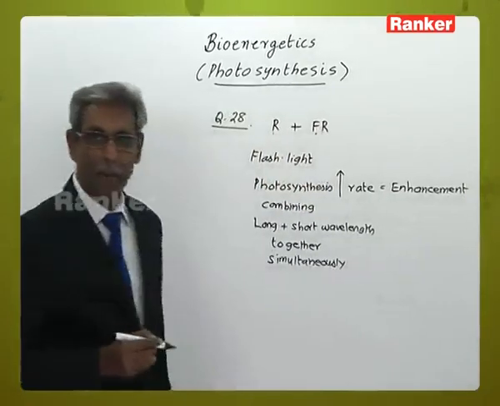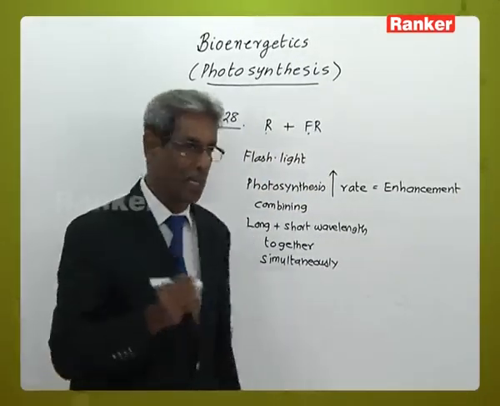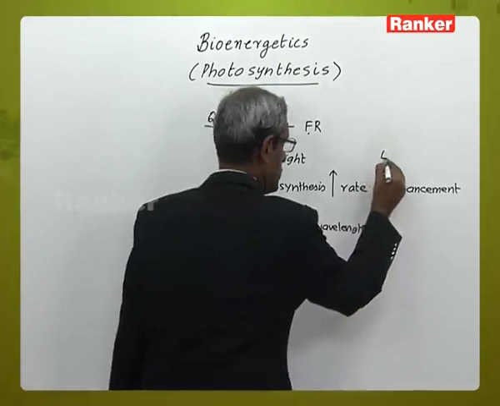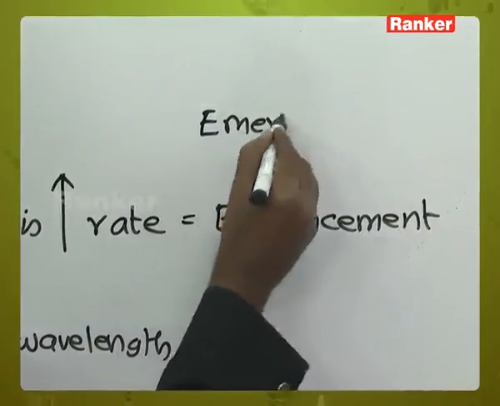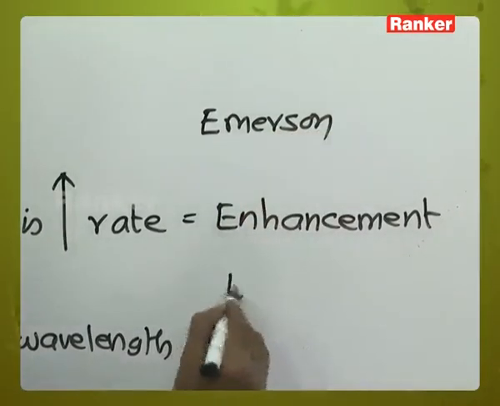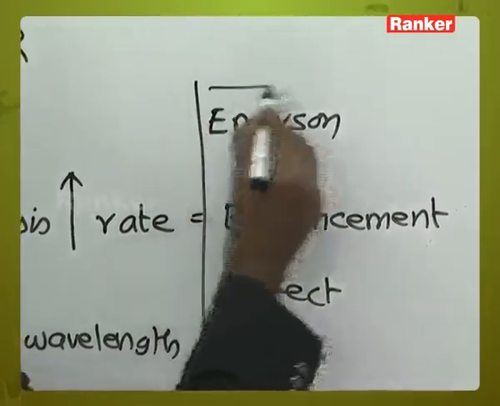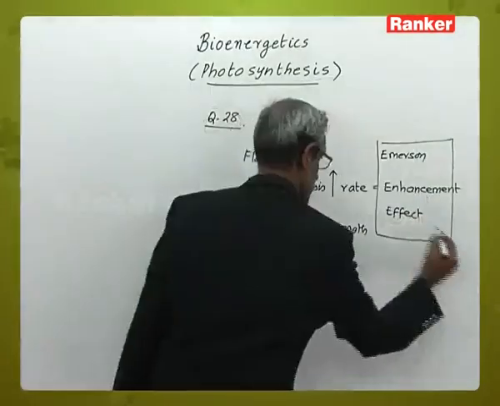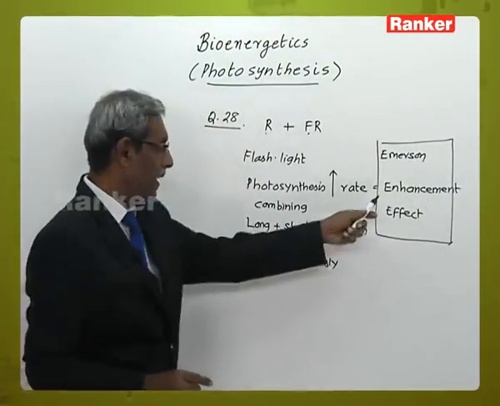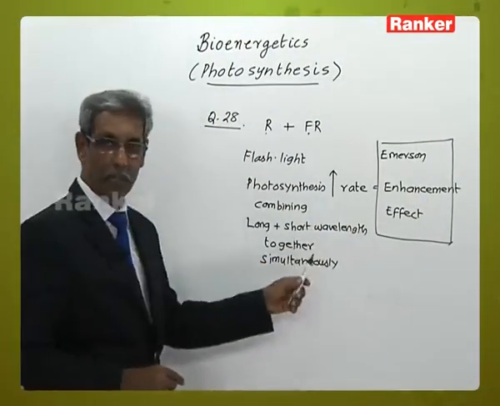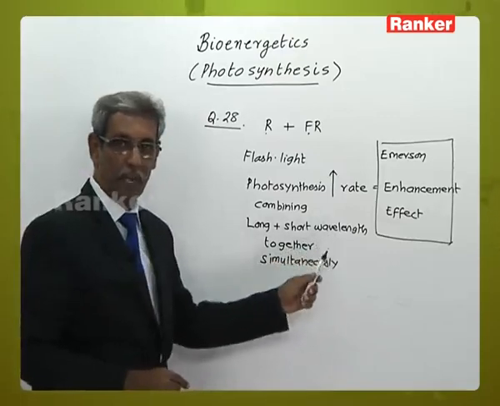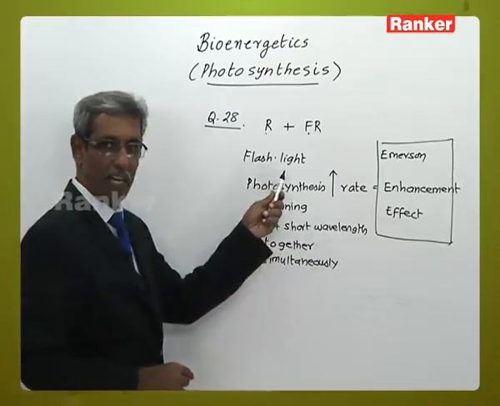This entire process has been studied by Emerson and it is termed as the Emerson enhancement effect. So, the Emerson enhancement effect indicates how two wavelengths together can improve photosynthetic efficiency by a flashlight experiment.